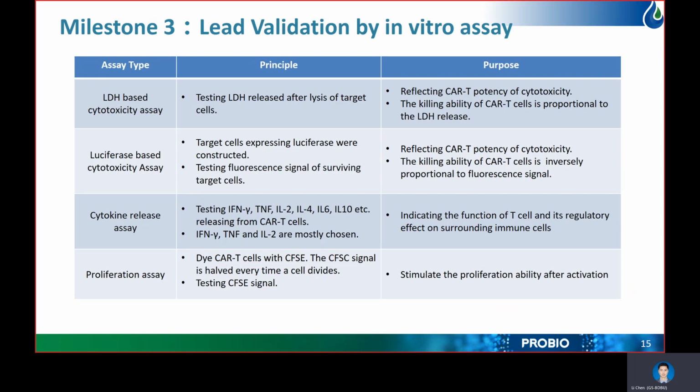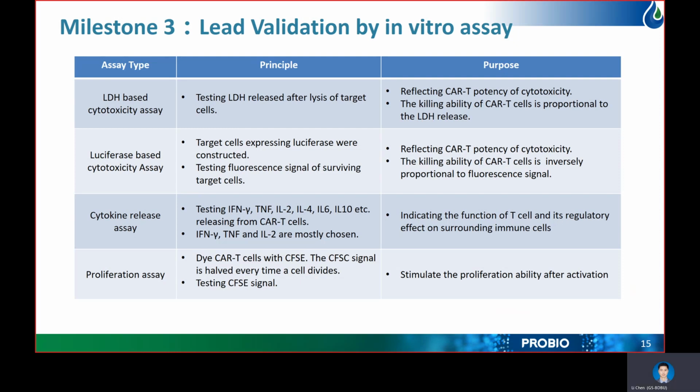Once the lead sequence is finalized, we will move forward to in vitro functional validation. Typically, three kinds of cell-based assays will be considered. The first is cytotoxicity assays, measured by either LDH release from the lysed cell or the luciferase from a reporter cell.